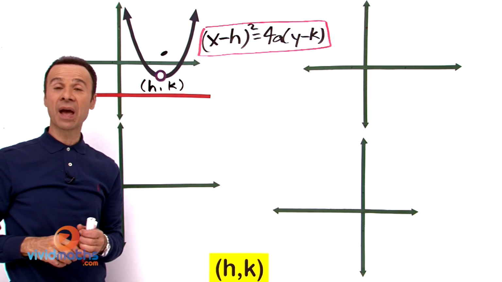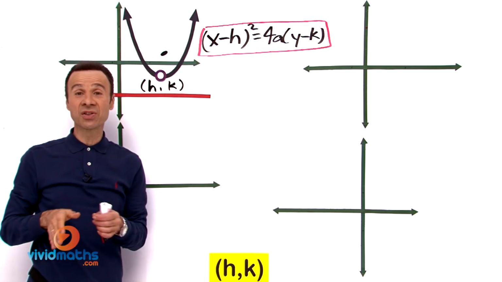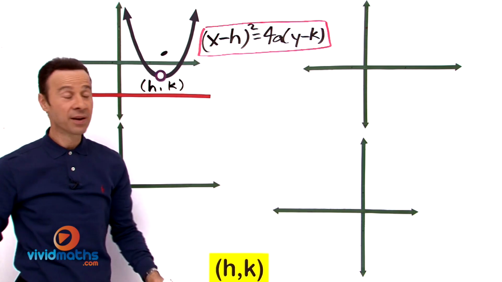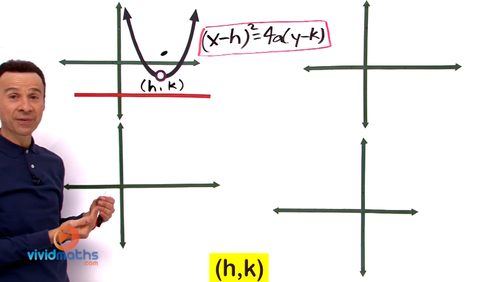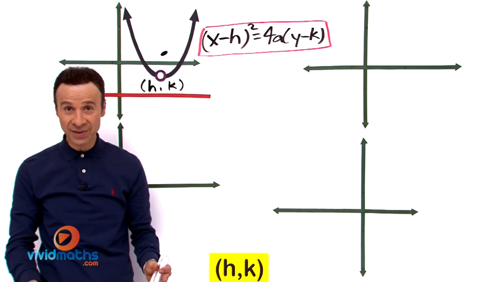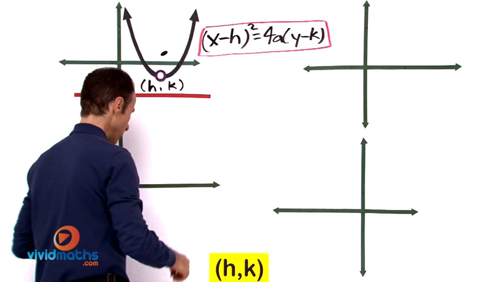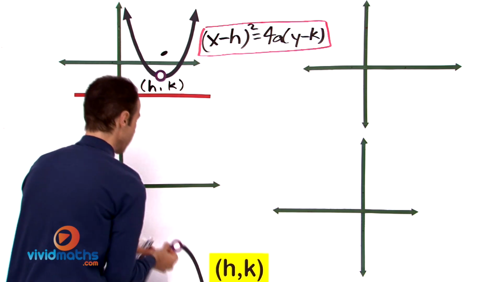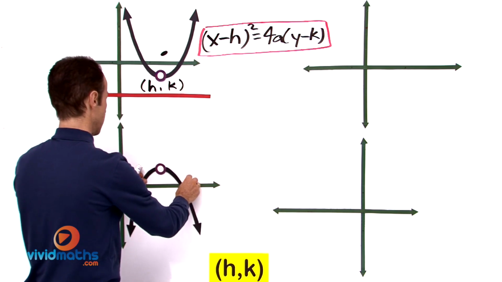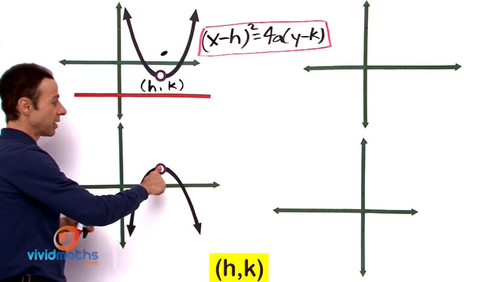Now imagine that we have a parabola where the orientation this time is concave down. Now the x squared is always on the left again, but because it's concave down, the 4a will change into a negative. So it'll look like this, concave down. There's our new vertex right now.